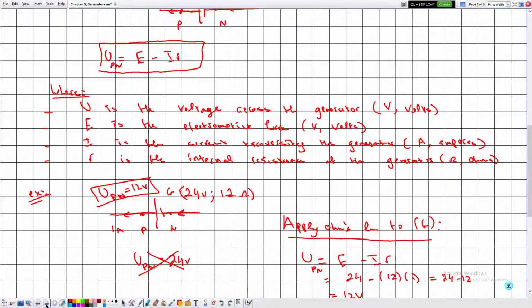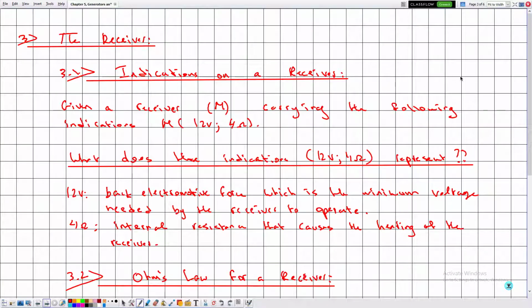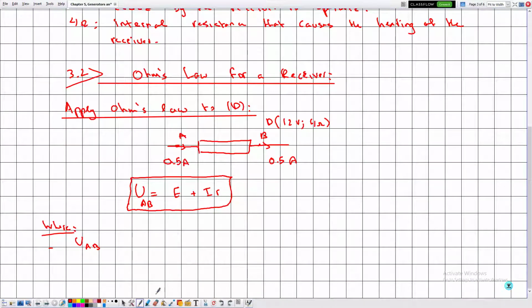Let me place it to be U. U is the applied voltage across the receiver, and it's given by V, which stands for volts.